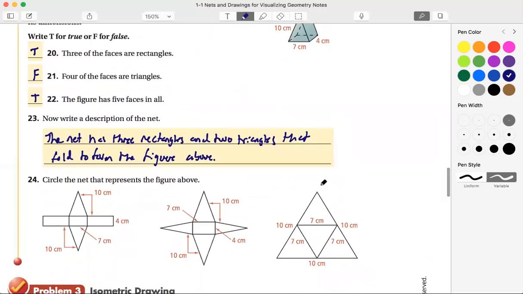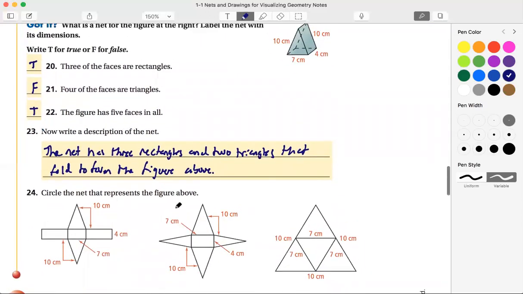Okay, so which one of these nets could be the figure above? So we want a bottom with 2 rectangles that come off and 2 triangles. That looks like it. We have 1 rectangle, 2 rectangles, 3 rectangles, that works for that, and we have 2 triangles.